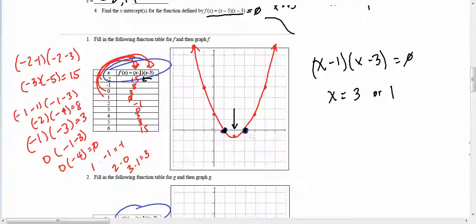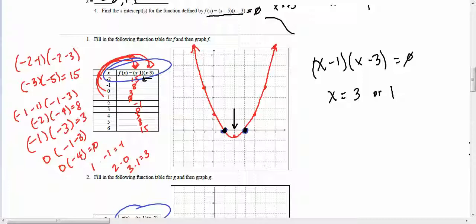How does this red graph, what's special about these black points on that red graph? What do you notice about those black points right there in this red graph? They're on the x-axis, exactly. It's where the graph crosses the x-axis.